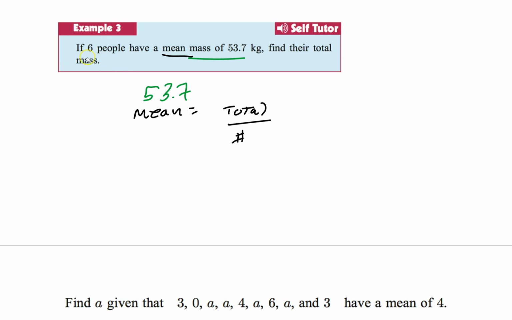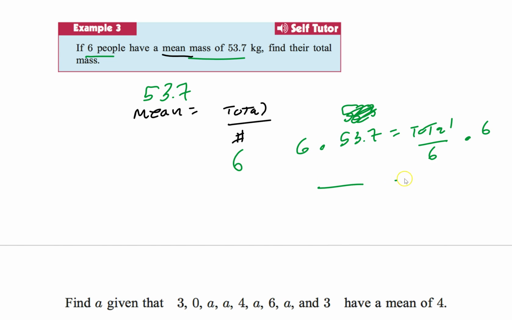And it tells us how many values there are, 6. So that's right here. And this is what we're looking for, the total. So that's our equation. 53.7 equals the total over 6. Multiply both sides by 6, and you get some answer equals the total.